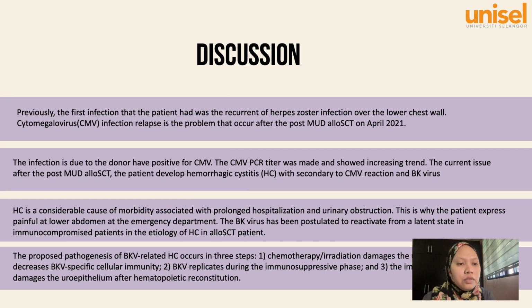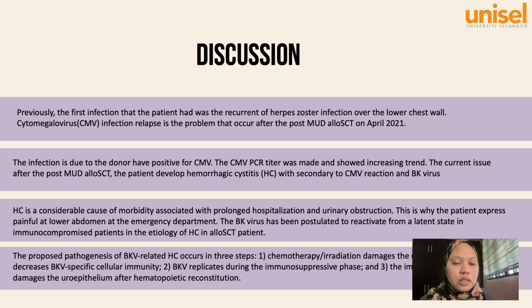Okay, move to the next part. Previously, the first infection that the patient had was a recurrent herpes zoster infection of the lower chest wall. Cytomegalovirus infection relapse is the problem that occurred after the post engraftment, on April 2021. The infection is due to the donor being positive for CMV.